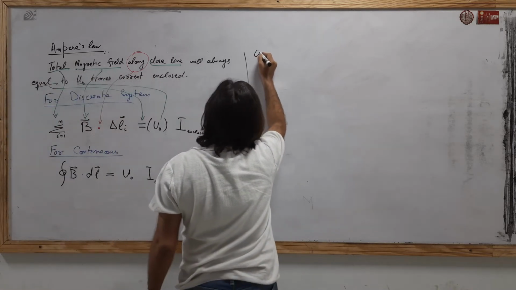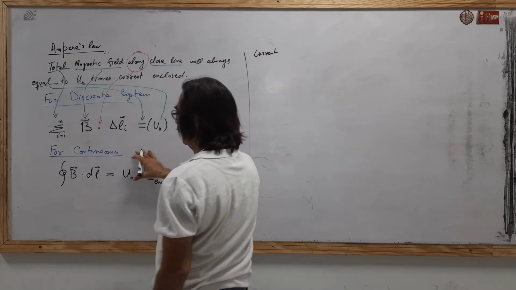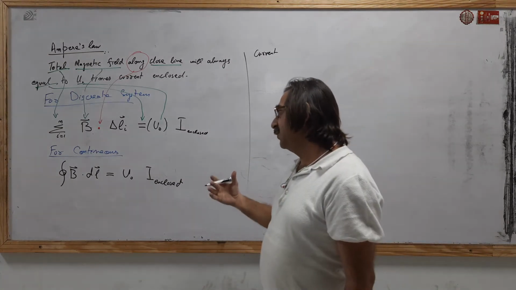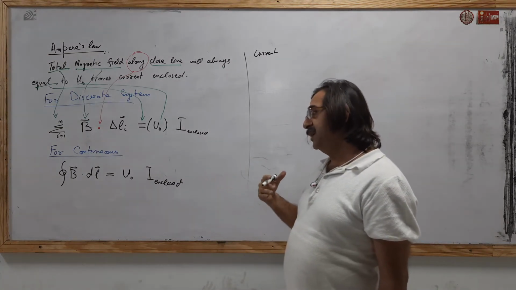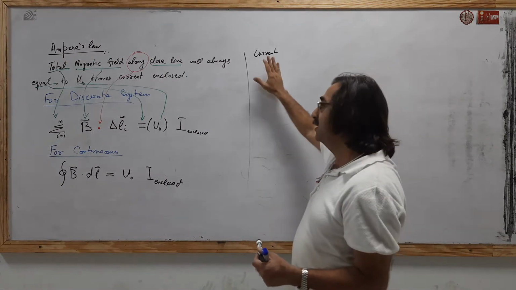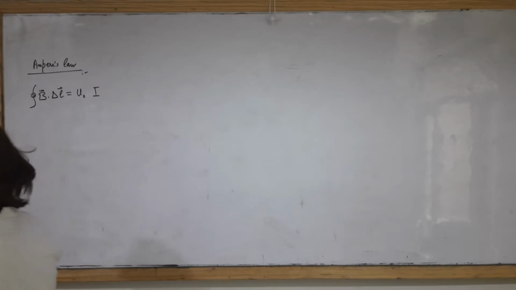Next, before finding the integral form and differential form of Ampere's law, we must understand the current density. We have already discussed density. Charge per unit volume is the charge density.